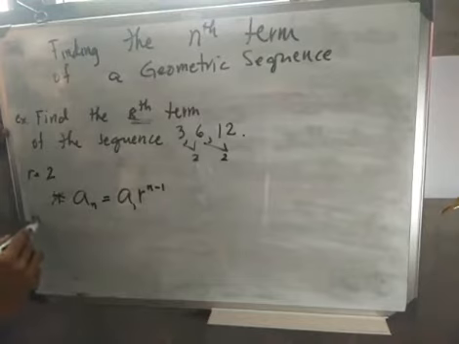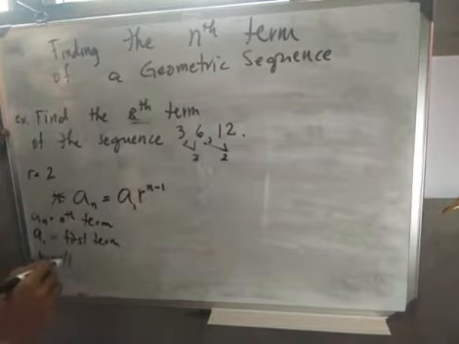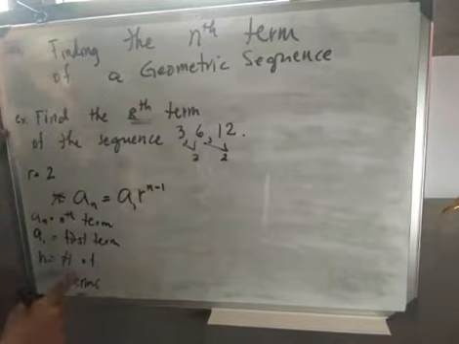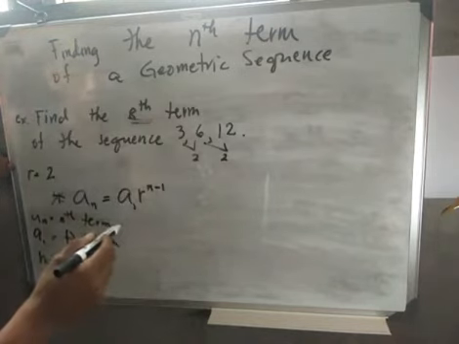So yung a sub n natin, that is the nth term. Okay? Yung a sub 1 natin, that is the first term. Then yung n natin, that is the number of terms. Okay, so let's now determine the given in the situation.